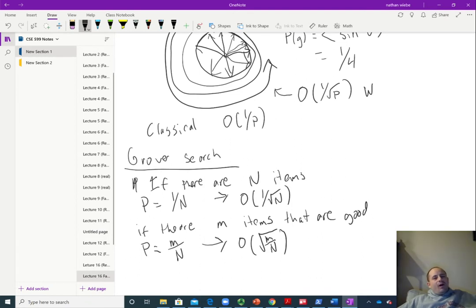But also, one thing I should mention is that for any algorithm that involves stochastic sampling, this technique can be used to provide a quadratic speedup, assuming you can actually apply these reflection operators quantum mechanically.